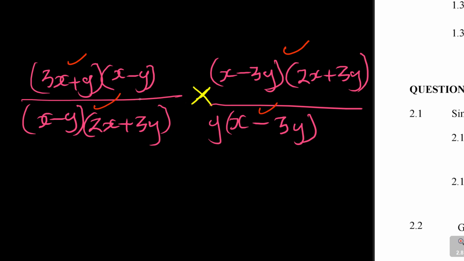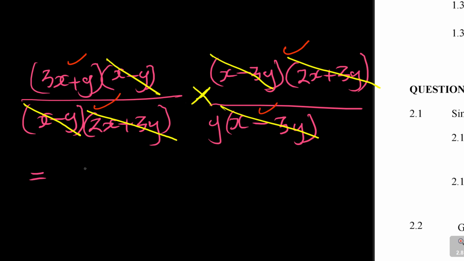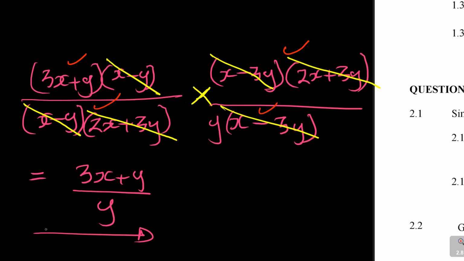Let's look at what goes: 2x plus 3y, I saw that one there. And then x minus 3y, I saw that one there. And then x minus y, I saw that one there. And then I think everything is gone except equal to 3x plus y over y. I think that is that, you see.